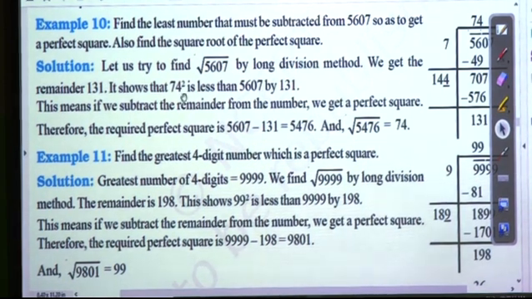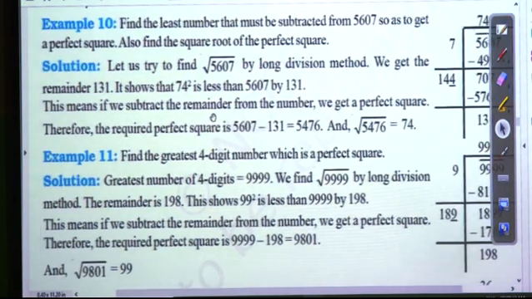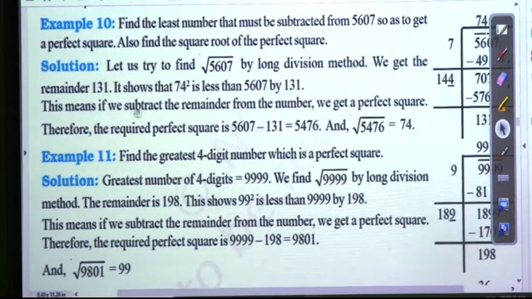It shows that 74 square is less than 5607 by 131. What it is said? 74 square is less than 5607 by 131. What it means? This means if we subtract the remainder from the number, we get a perfect square.